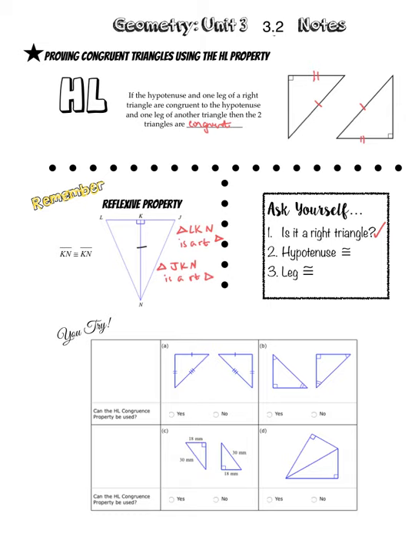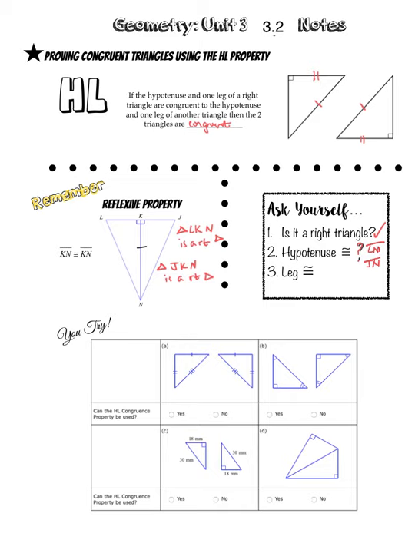So what we have to do, is it a right triangle? Yes. Looking at these two triangles, is the hypotenuse congruent? We don't know, because we don't have anything. The hypotenuse is LN and JN. We do not know if they're congruent.